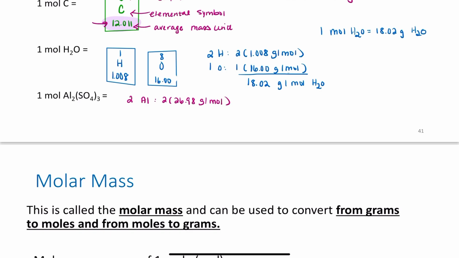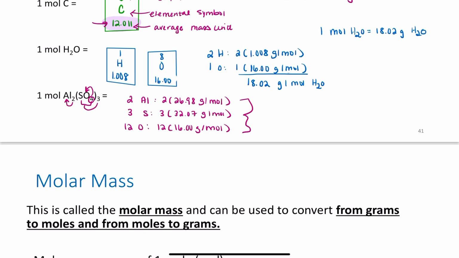When I look up aluminum, that's what I see. So the 2 goes to the aluminum here. The 3 goes to this entire polyatomic, meaning I have 3 sulfurs. 3 times 32.07 grams per mole. And 3 times 4 oxygens, 12 oxygens, 12 times 16.00 grams per mole.